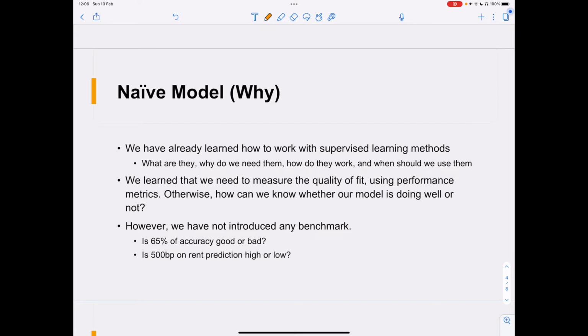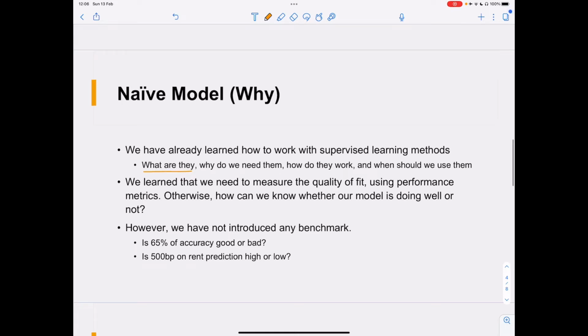We have already learned how to work with supervised learning methods. What they are, why we need them, how they work, and when we should use them. So we have learned a lot about supervised learning methods. We learned that we need to measure the quality of fit.